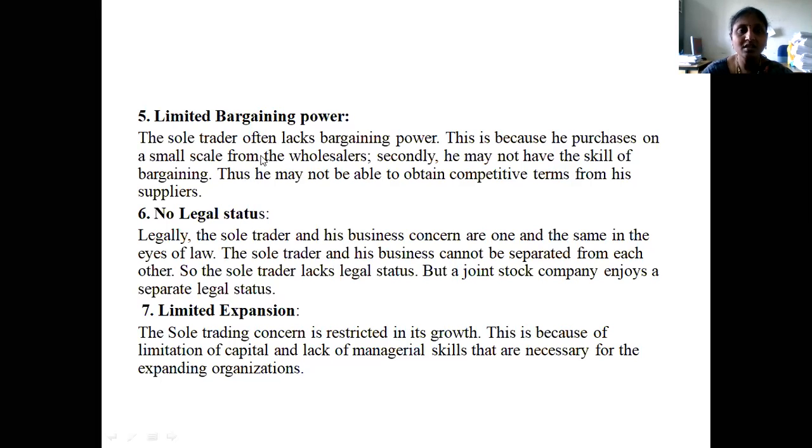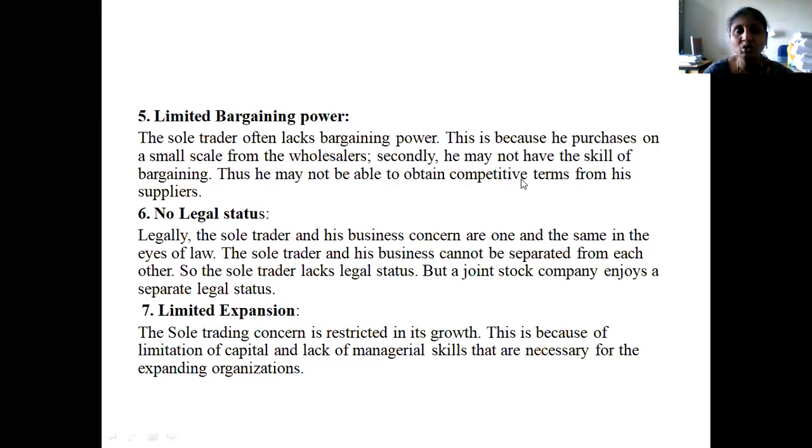The sole trader often lacks bargaining power because he purchases on a small scale from the wholesalers. అంటే తన రిటైల్ బిజినెస్ కి స్మాల్ స్కేల్ లో హోల్సేలర్స్ నుంచి పర్చేస్ చేస్తాడు. సెకండ్లీ, he may not have the skill of bargaining. In some cases, some business people are not having the skills of bargaining, how to get the products at less cost and where to get the products at less cost. That is the limited bargaining power.